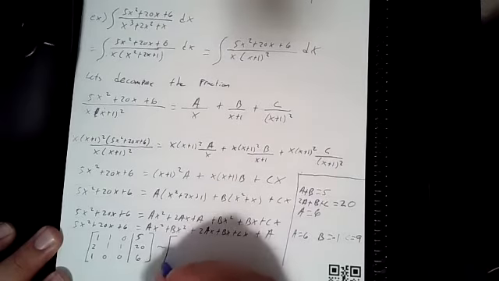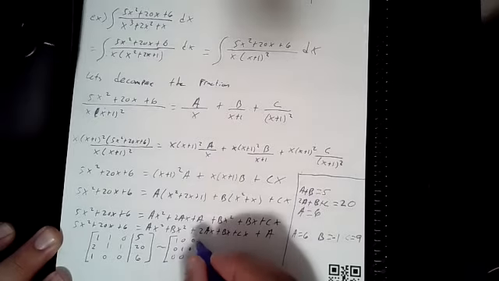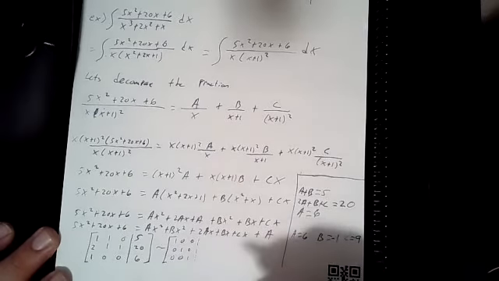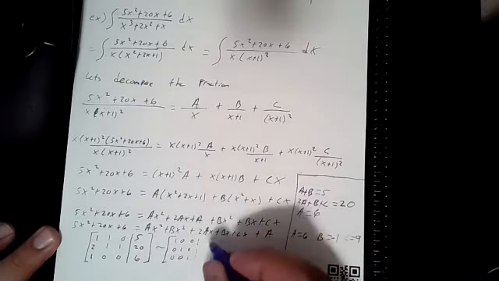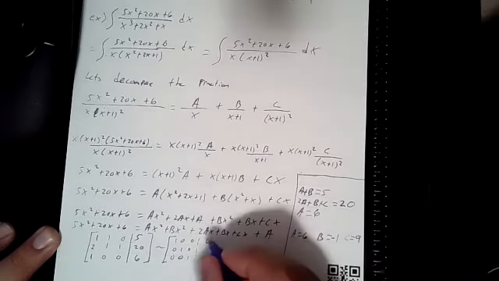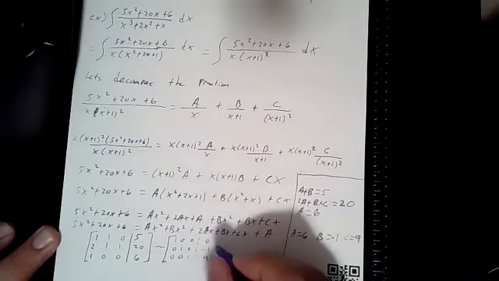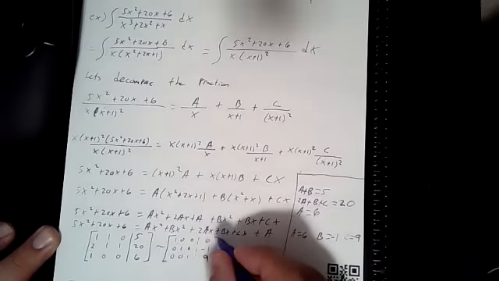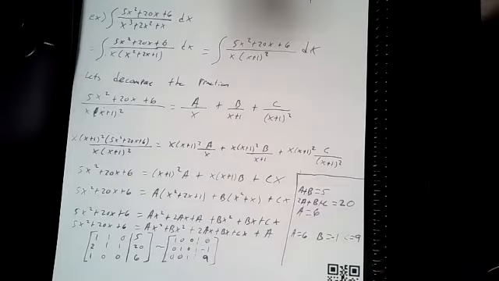So you can solve this, which will then give you, double check everything, 6, negative 1, 9. Yeah, those are correct. So once you have all those pieces, you can integrate.